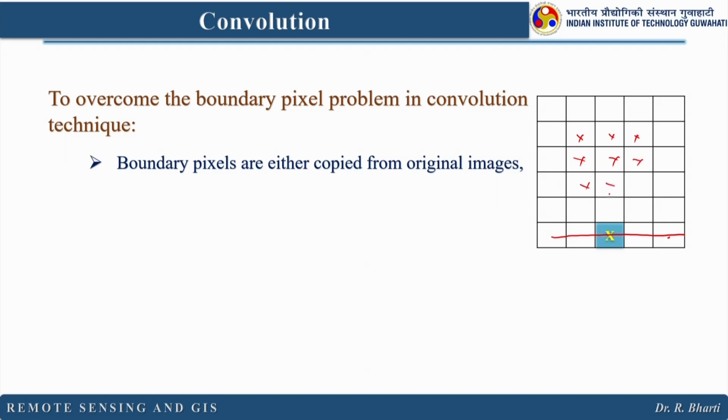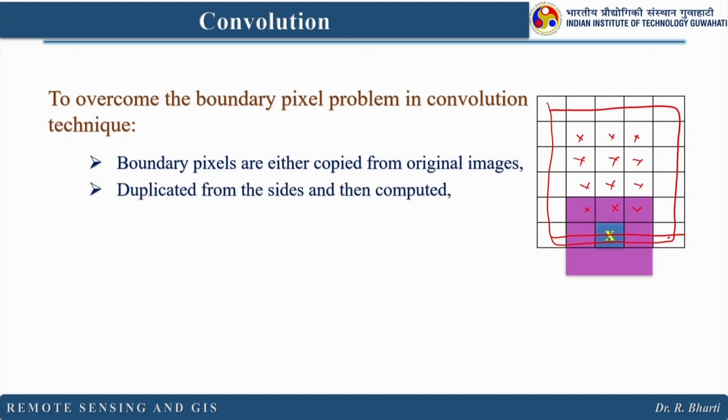So here in this case only these pixel values will be calculated if you are using 3 by 3, and then all these boundary pixel values will be copied from the original image. That is one solution, right? So that you will have at least the original data.